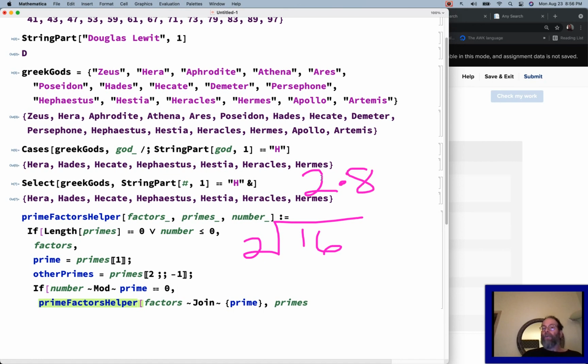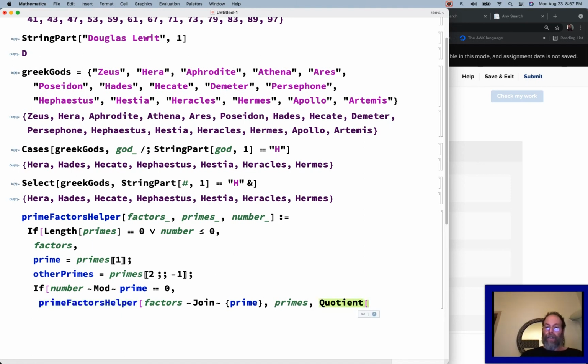But you can't throw away the 2 because 2 is also a factor of 8. You can't throw away the 2 because 2 could be a factor of the next integer. So you can't throw that number away. You may need it. Okay, so primes and the number integer division, number divided by prime.